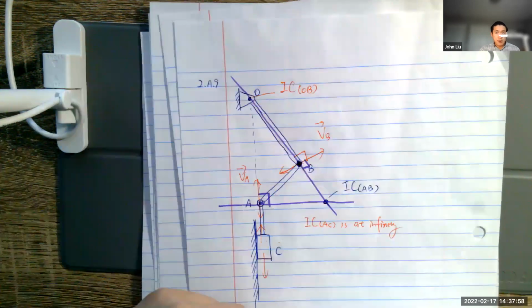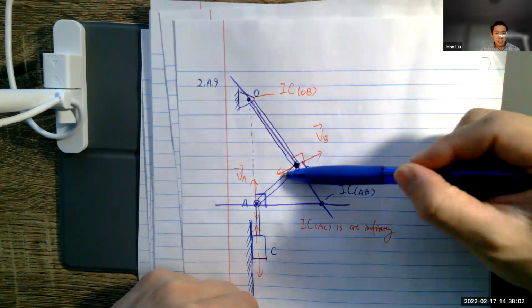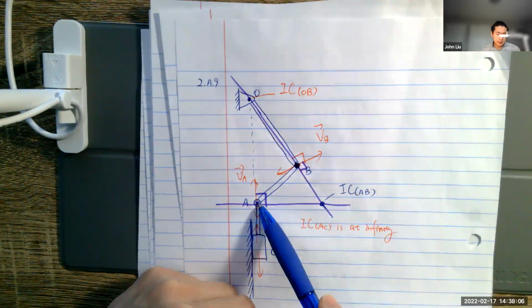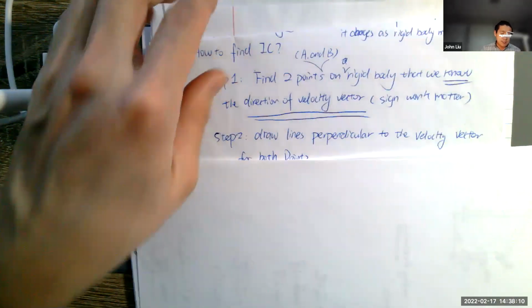We draw the lines perpendicular to the velocity vector at point B and at point A. That's your step 2, those purple lines.